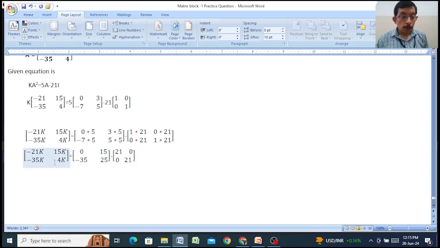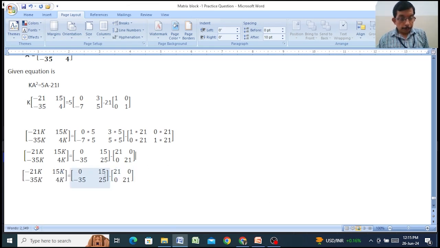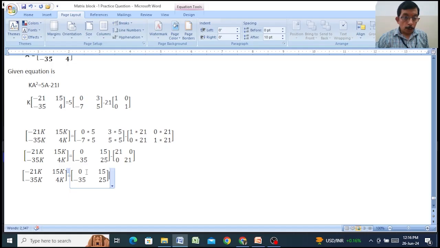Now subtract the right hand side value, the right hand side matrix. In the next step, zero multiplied by minus 21.